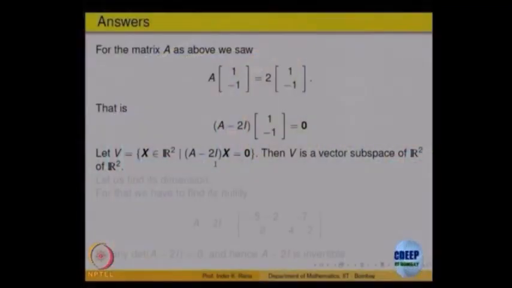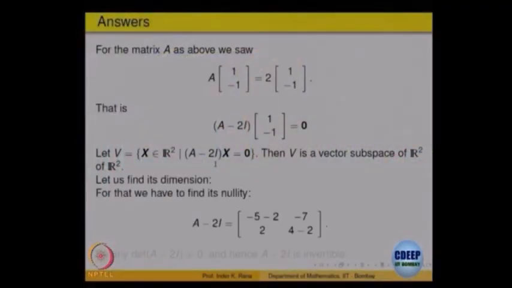So, let us look at the matrix A minus 2I. What is the determinant of this? It is 2 by 2. To find invertibility, I can just find the determinant. What is the determinant? Is it 0 or not 0?